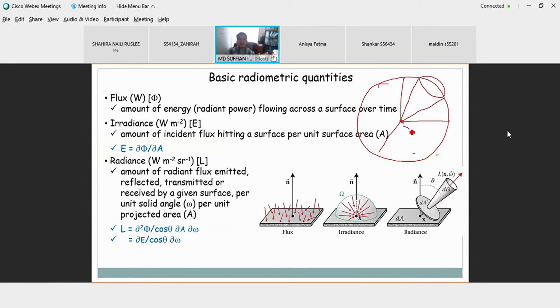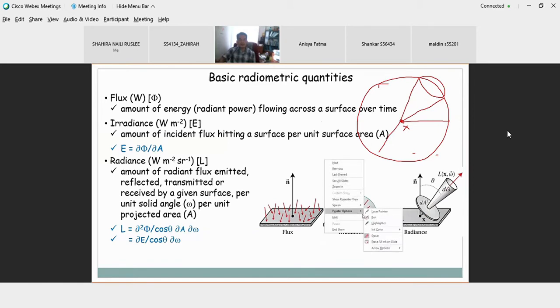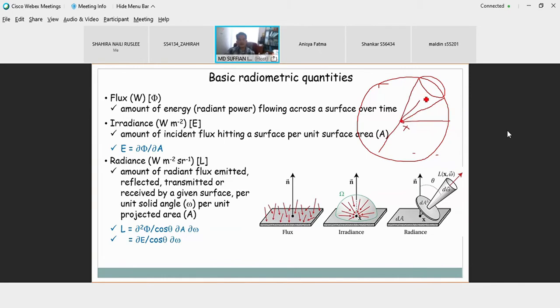Ini katakan daripada X, ini adalah R, ini adalah R, dalam 3D punya perspektif lah.